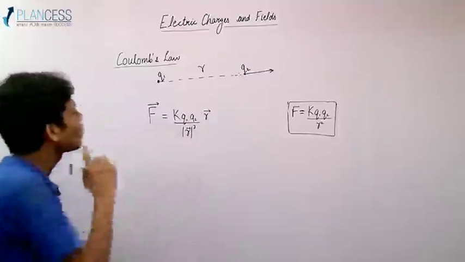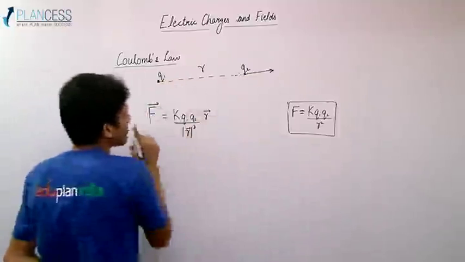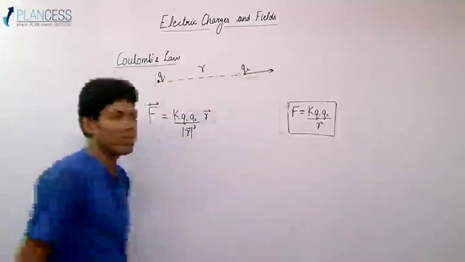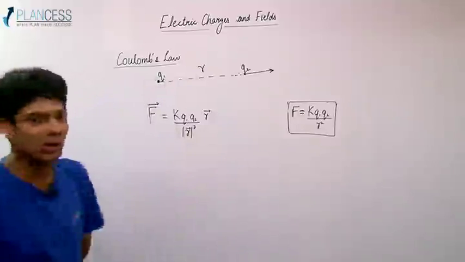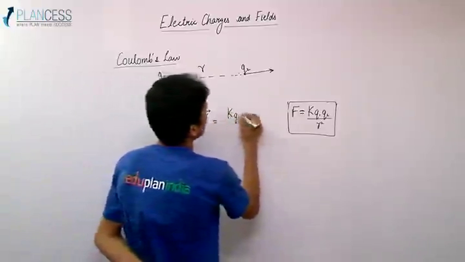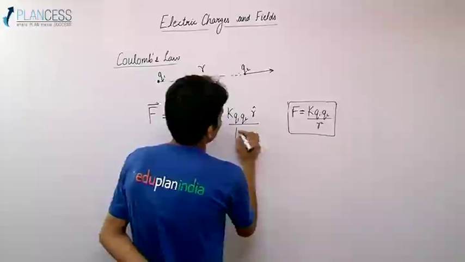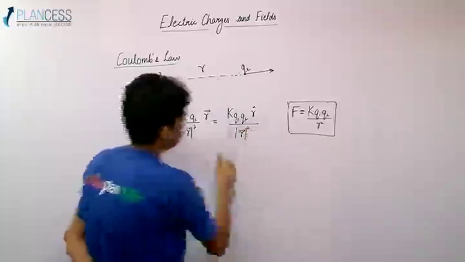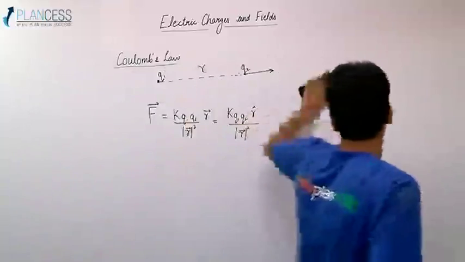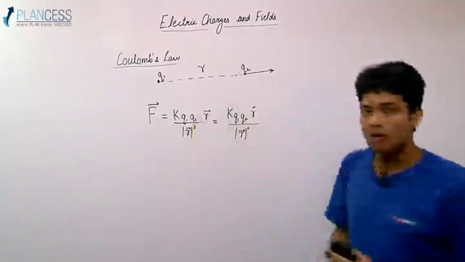In this way, if I write the R vector of Q2 with respect to Q1, then this will give the force on Q2 in the direction of the line joining Q1 and Q2. This force can also be written as K Q1 Q2 R cap upon R square. So this is the formula for the force in its vector form. This is basically what Coulomb's law says.